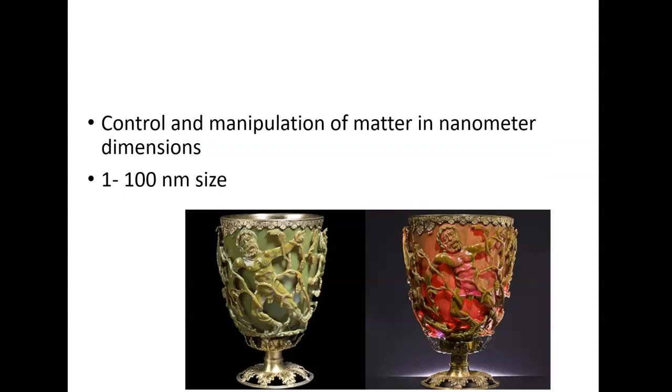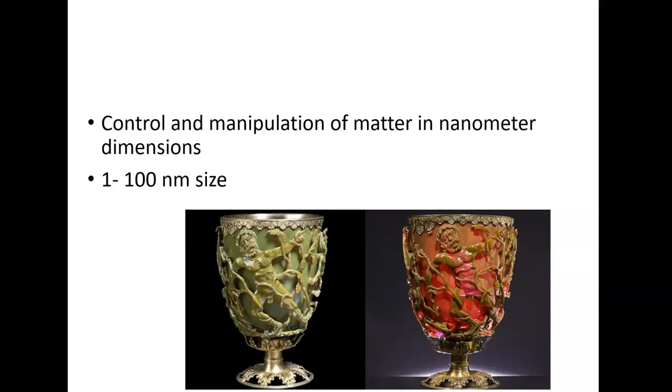By definition, nanoscience and nanotechnology refers to the control and manipulation of matter at nanometer dimension. When you say nanotechnology or nanomaterial, what is this nano that you mean? We are talking about something happening at a 10⁻⁹ meter scale. It would be easier for you to understand at a 10 centimeter scale, 1 centimeter scale, or even 0.1 centimeter scale.